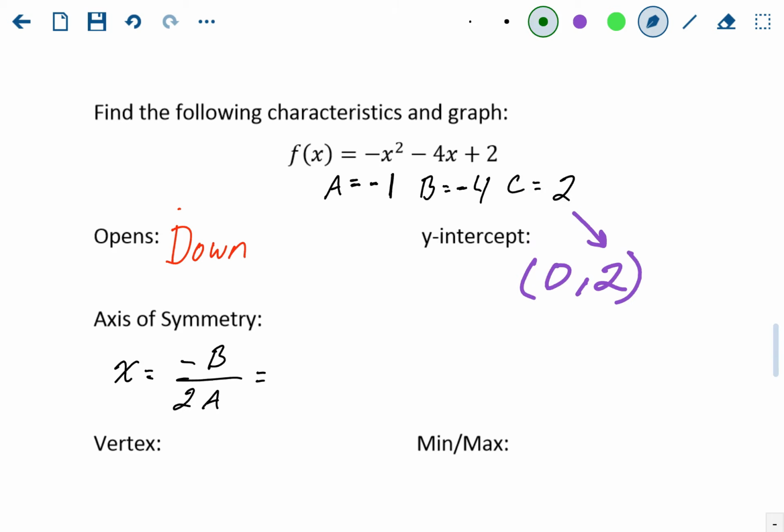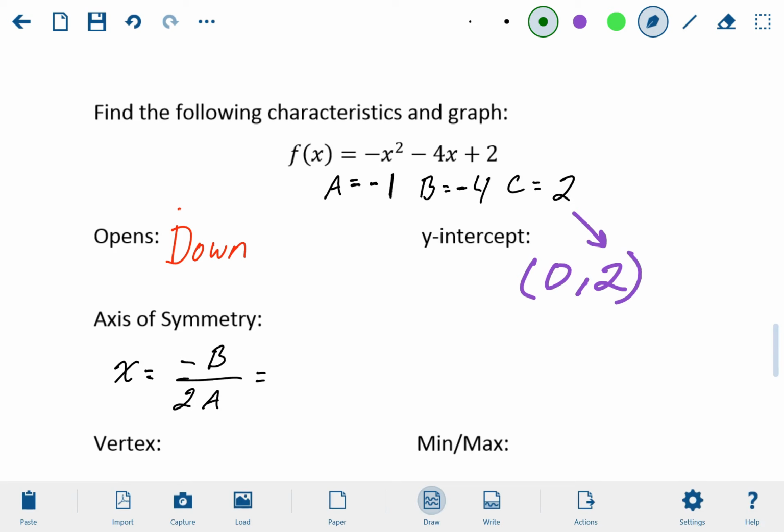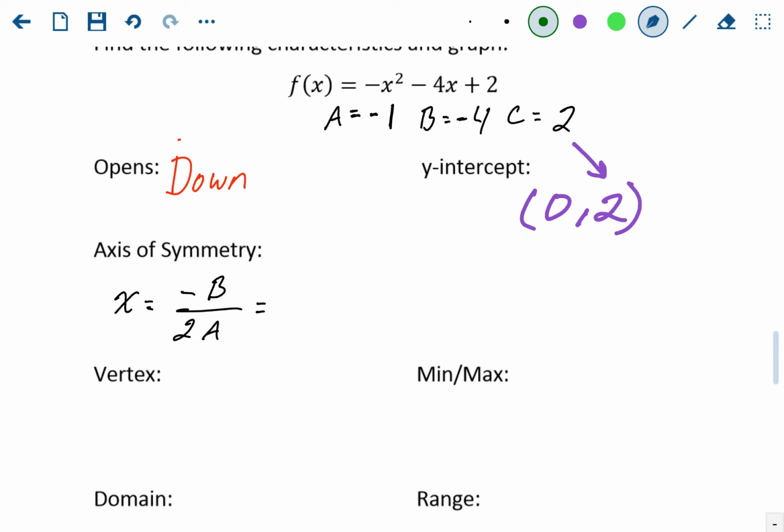B is 4, so the opposite of b is negative 4, and the opposite of negative 4 is positive 4. So we're going to have positive 4 over 2 times a. A is negative 1. Simplify: it's 4 over negative 2, which is negative 2. So our axis of symmetry is x equals negative 2.